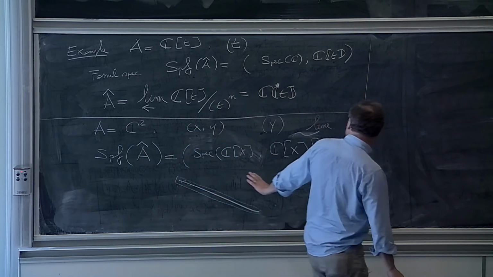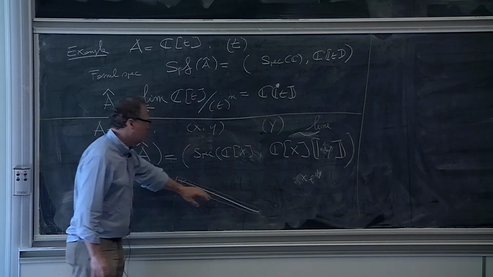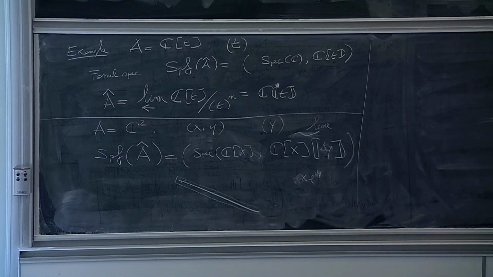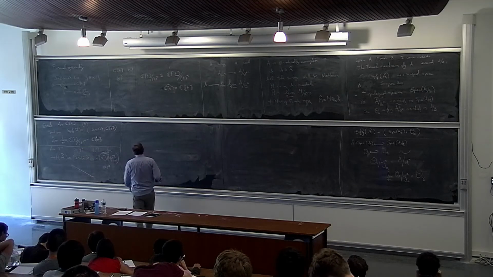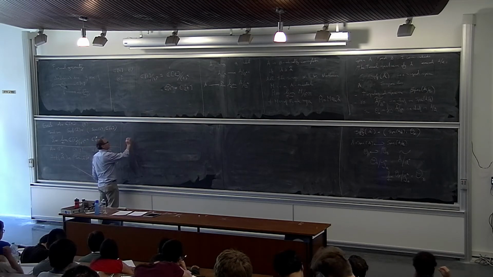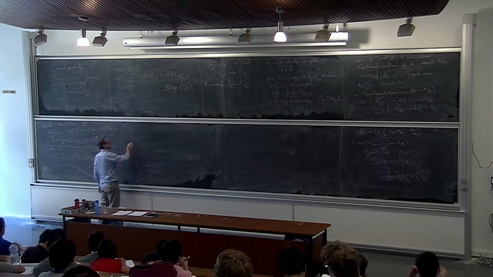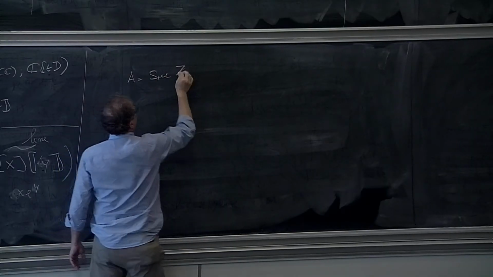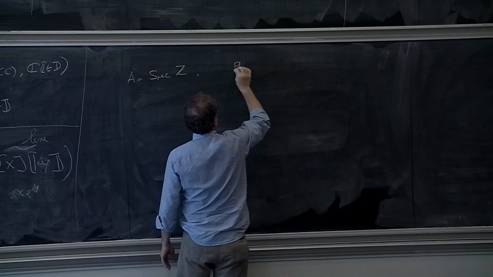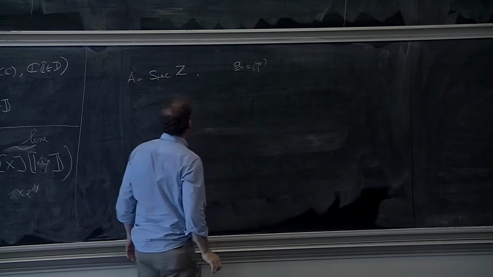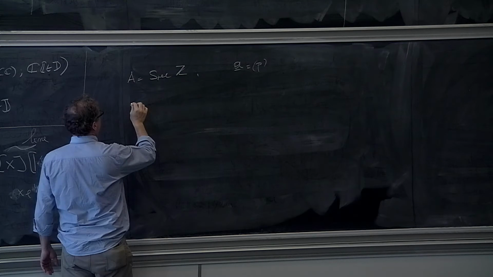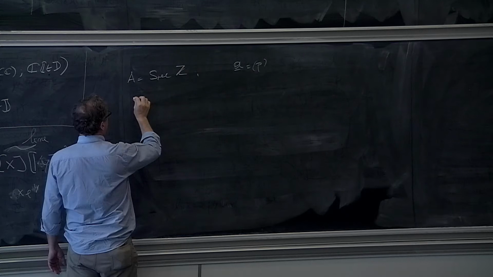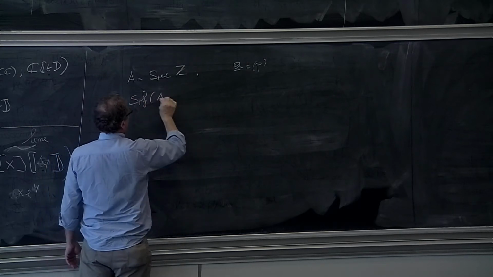So anyway, this is the intuition behind the formal spectrum. And another example, just to show that we are gaining something: you take A to be Spec of Z, a a prime ideal (p), and then you consider the formal spectrum of A completed.